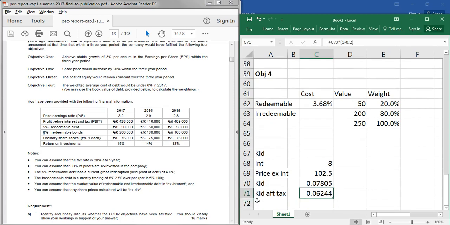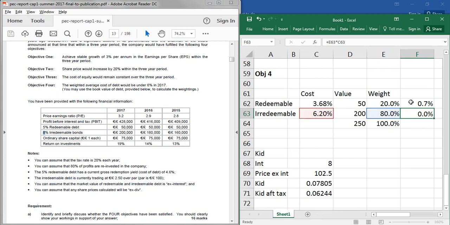So that was pretty tricky, but it's all concepts you would have known from your WACC calculations. It's just asked slightly differently, which again threw a lot of students that year. So it's all about practice and not panicking on the day. So now what we say is 20% of our debt is financed at 3.68%, and 80% or 4/5 of our debt is financed at 6.2.